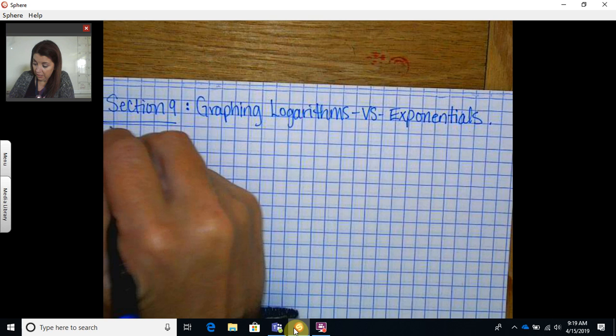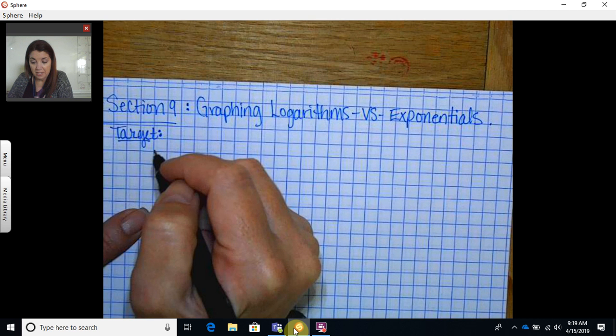And the target: how do you graph exponential functions and logarithmic functions?